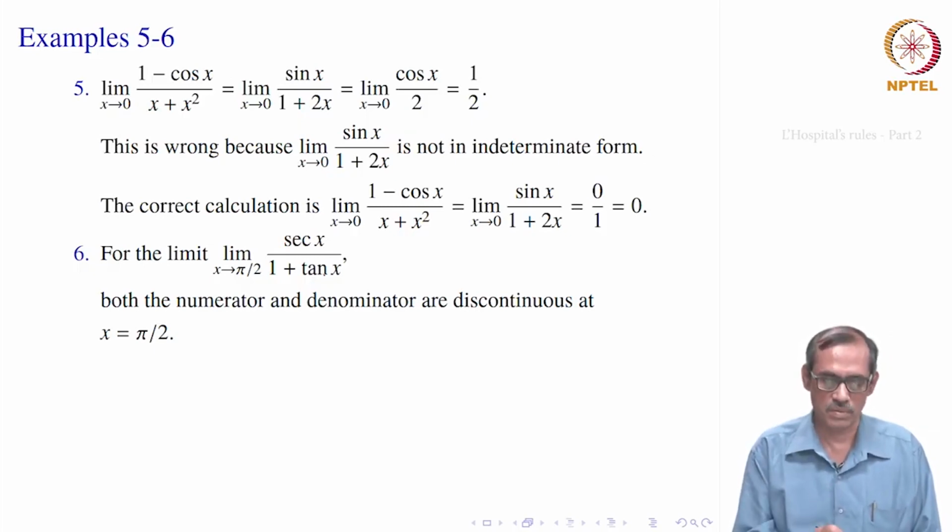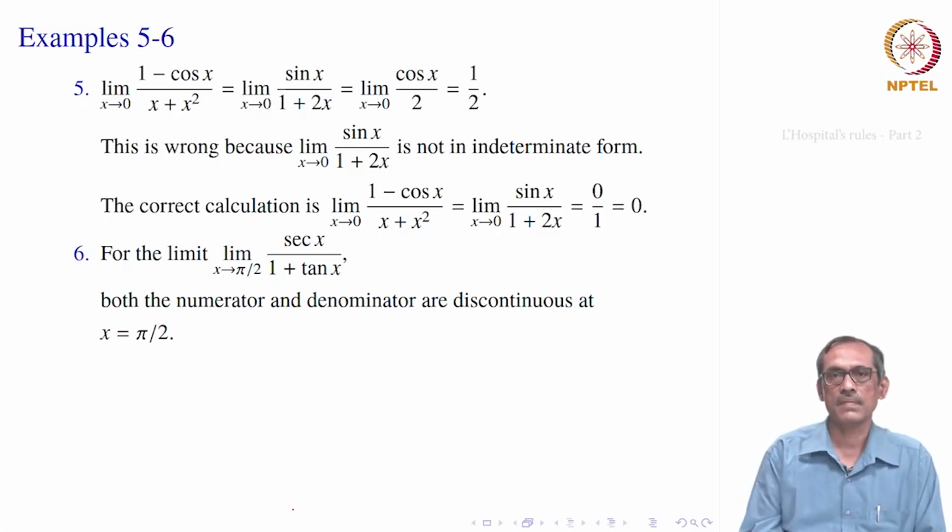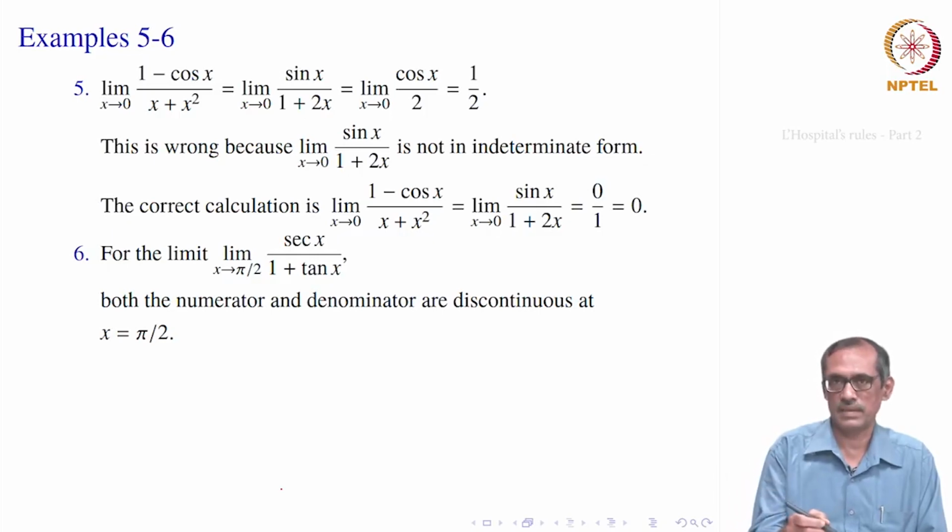So, it is in infinity by infinity form, not 0 by 0 form. Of course, we can use L'Hopital's rule that we have commented on earlier, but there is another problem: at x equal to pi by 2, they are not continuous functions. So, we cannot say x goes to pi by 2 plus here.